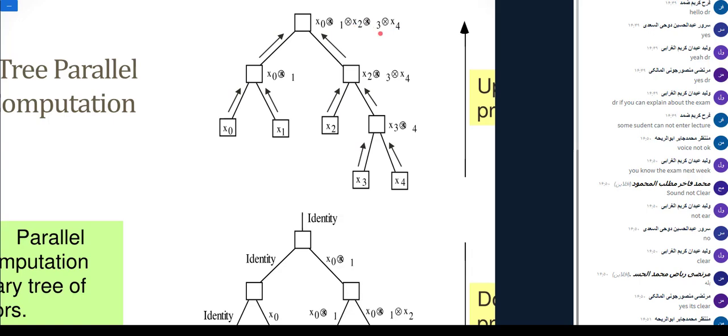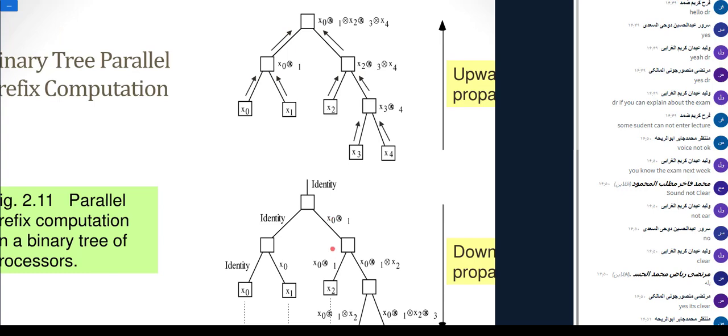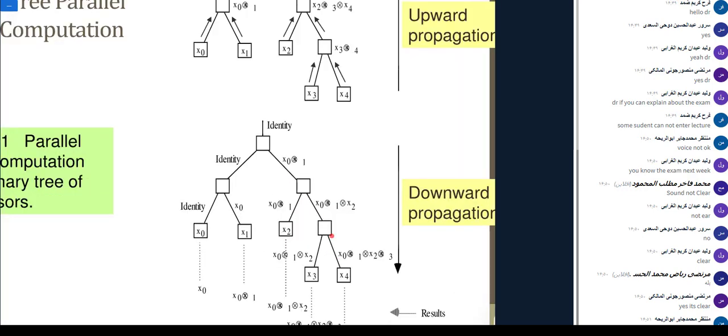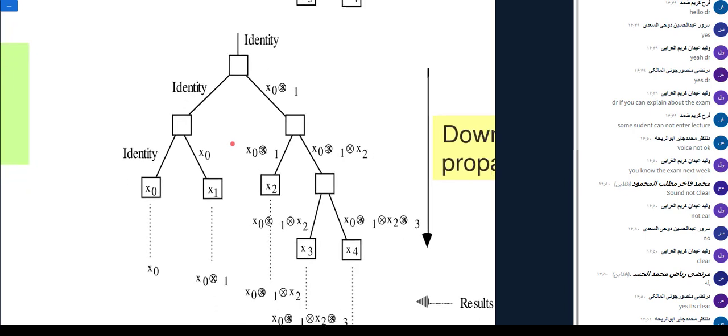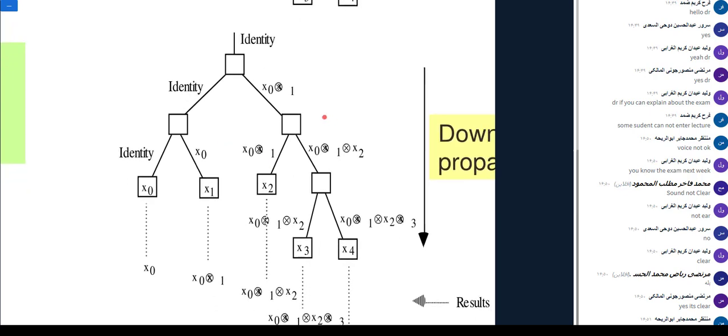At the end of the upward phase, the root knows the final result. How about the downward phase? It is the downward propagation.